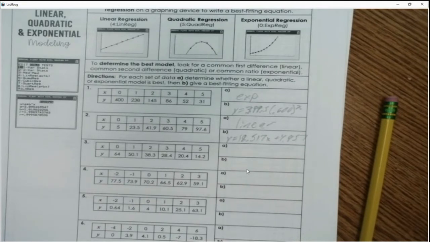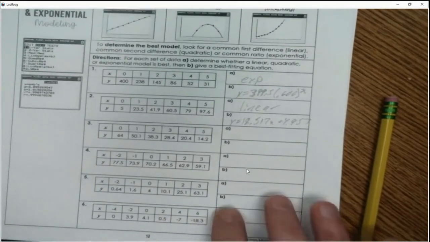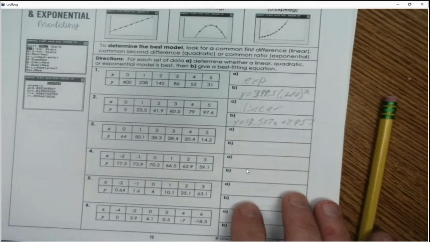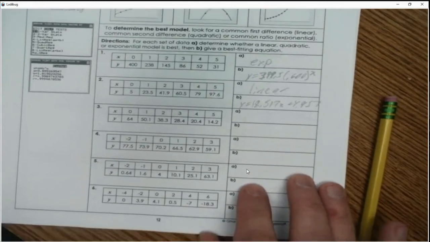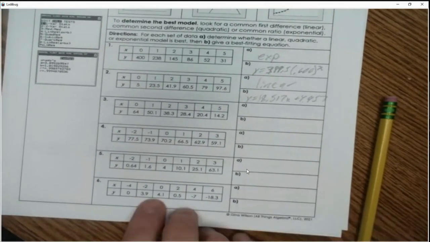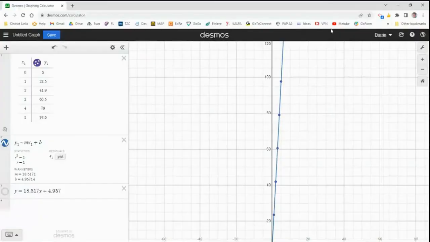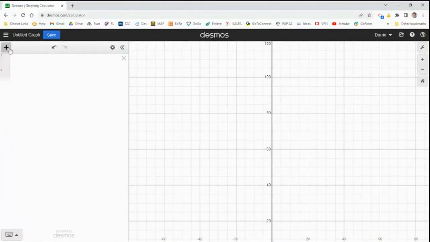Let's look at a quadratic one while we're here. I think number 6 is quadratic. Let's graph that one and take a look at what that looks like when we put it on the Desmos here. So, all right, let's kill that and make a new table.